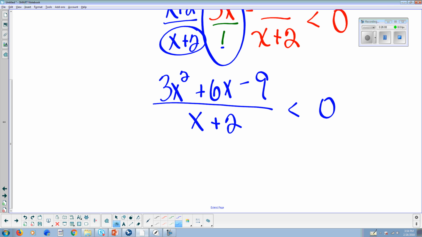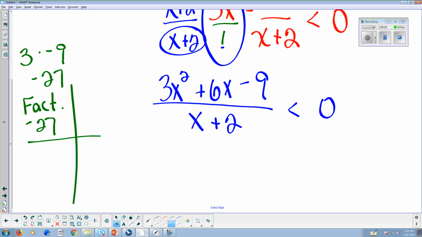Well, I'm going to try to factor 3x squared plus 6x minus 9. Now, that would factor by AC, if it factors. So 3 times negative 9 is negative 27. So what factors of negative 27 will give me a sum of 6?